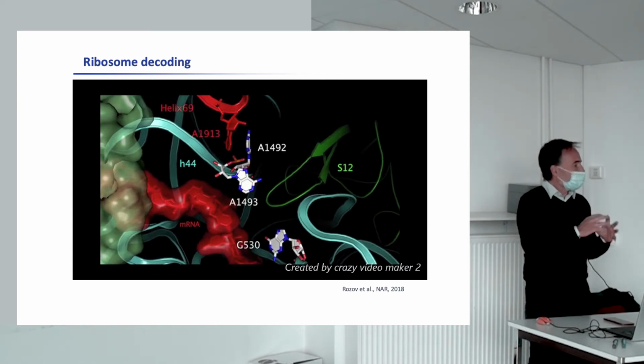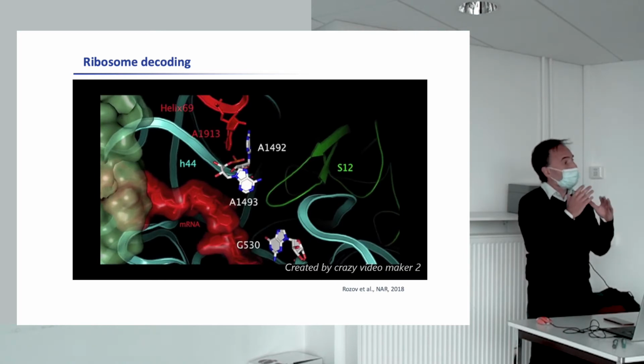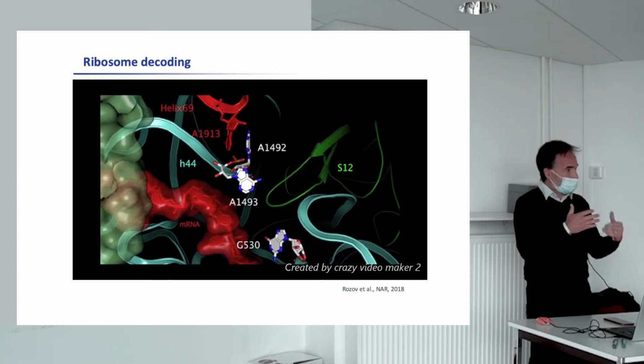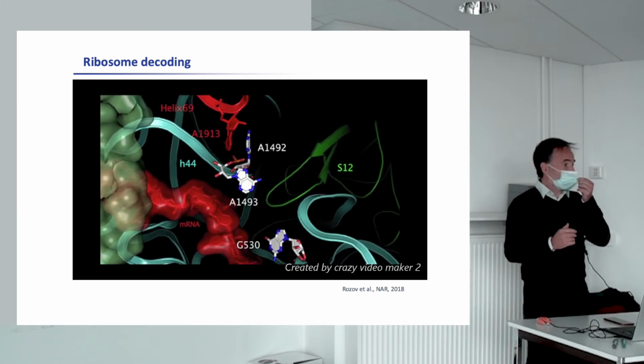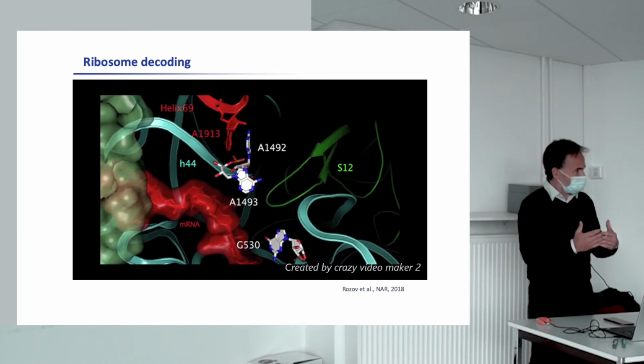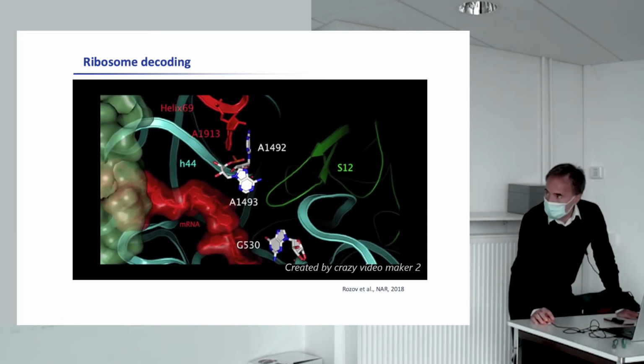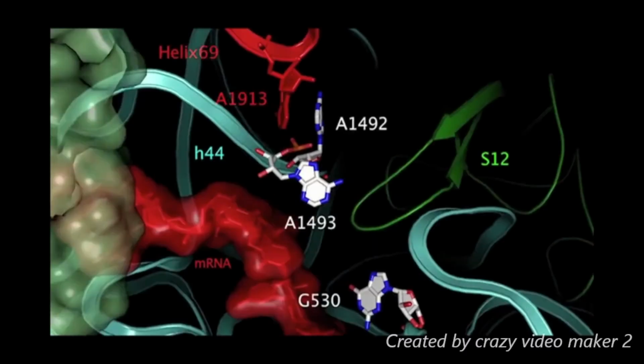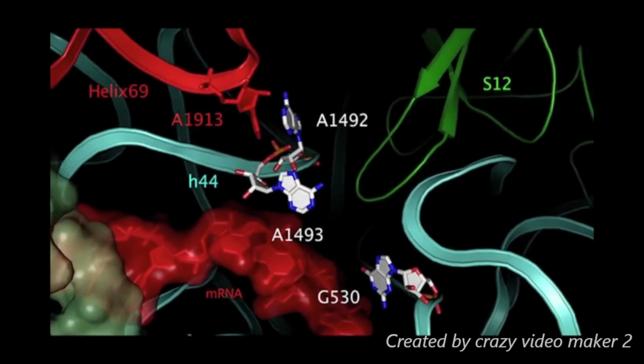This is very important because it will impose specific geometry on the possibility to interact between the messenger RNA and the anticodon on the tRNA. And the geometry imposed by the ribosome is crucial for understanding how modification can have an impact on the decoding process. So for the moment it is quite loose, but we will see soon.